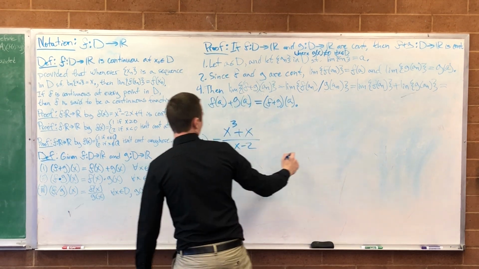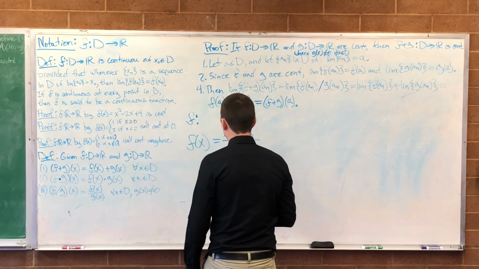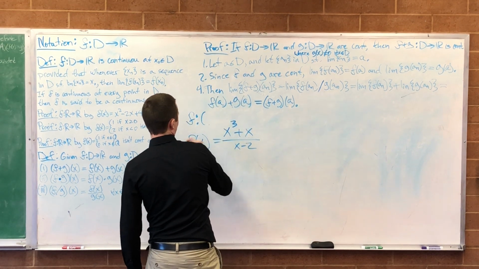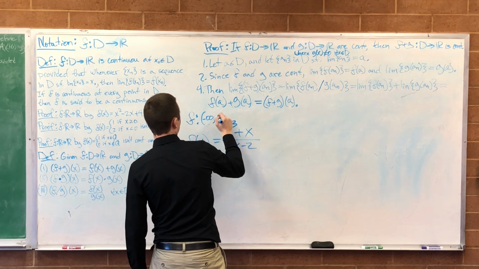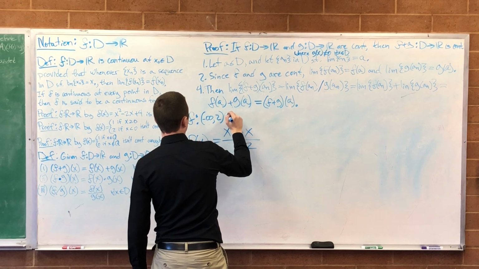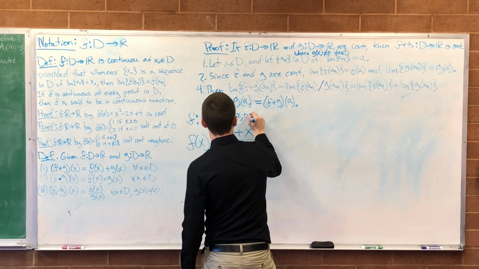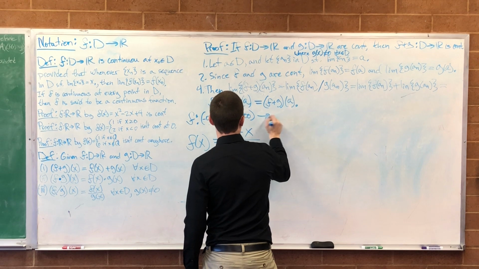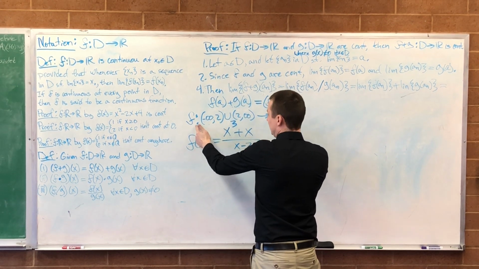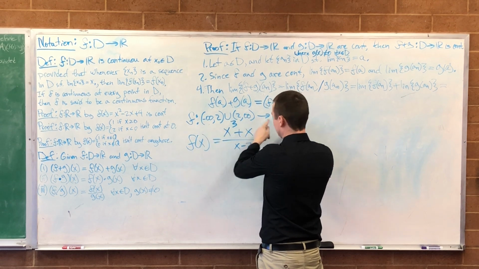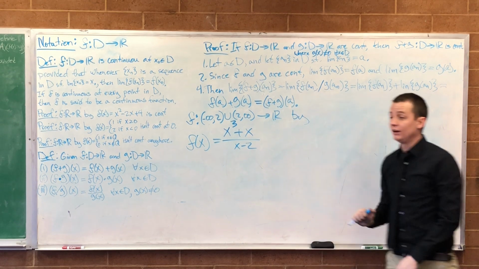And so what you end up creating is you say f is a function from negative infinity to 2, not including 2, union 2 to infinity, and it goes from that to the real numbers. The function given by this is now continuous.